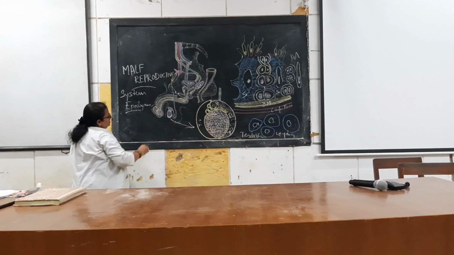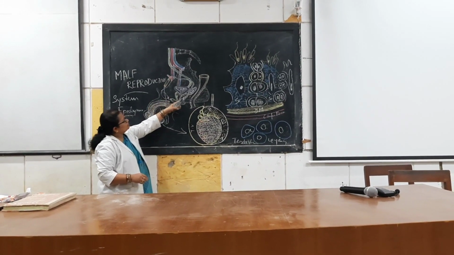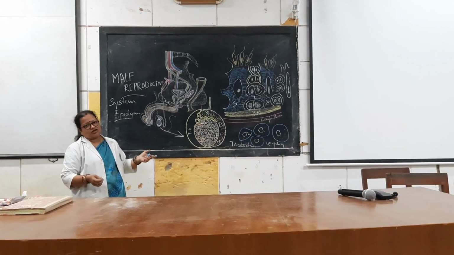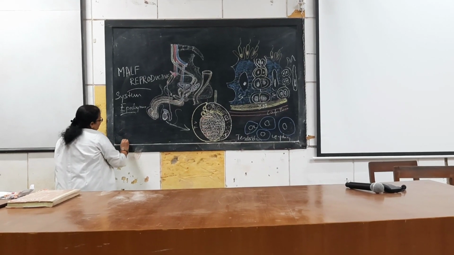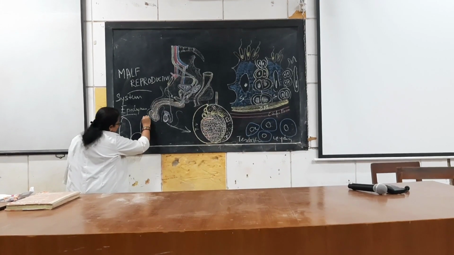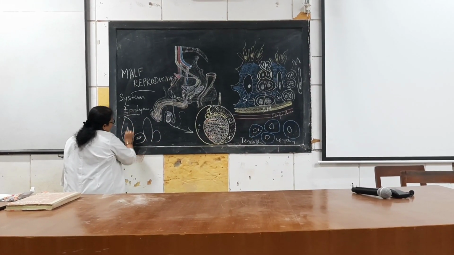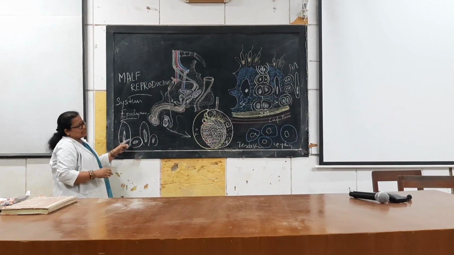Just to remember, the epididymis, the vas and the ejaculatory duct are all lined by pseudostratified ciliated columnar epithelium. In between they have tall principal cells and short basal cells. The presence of these two types of cells gives a stratified look.